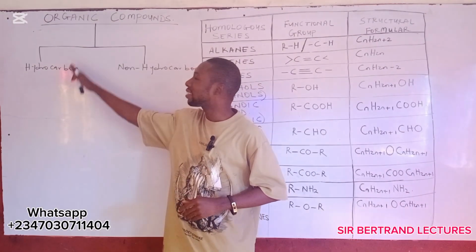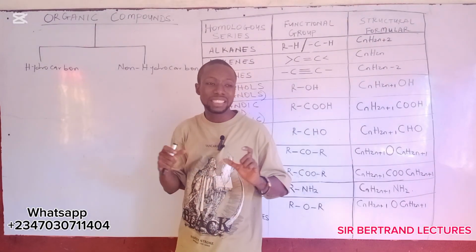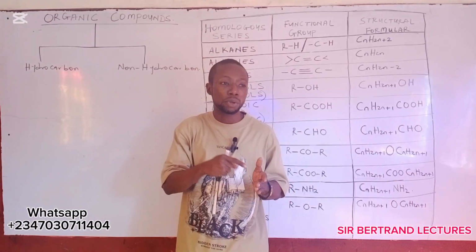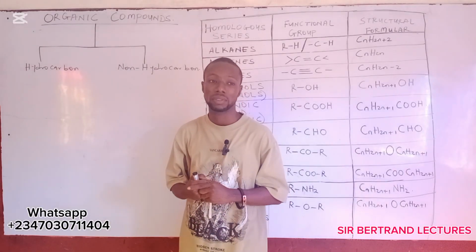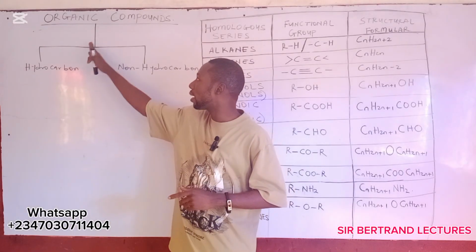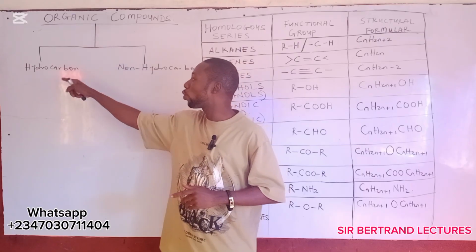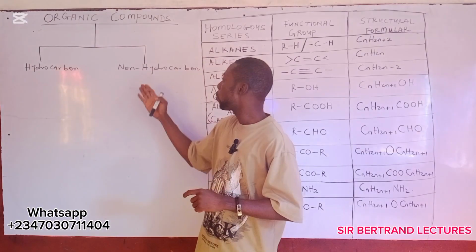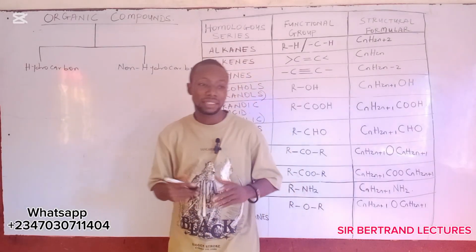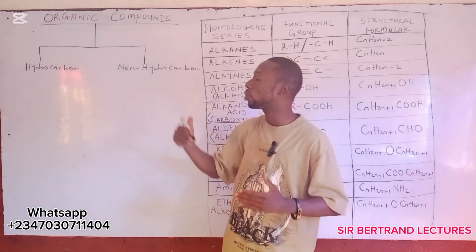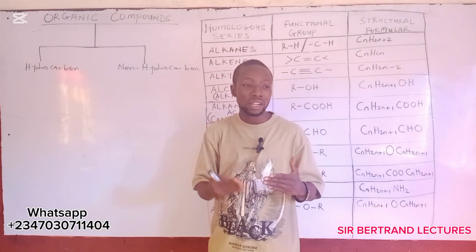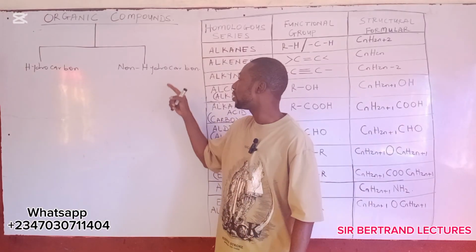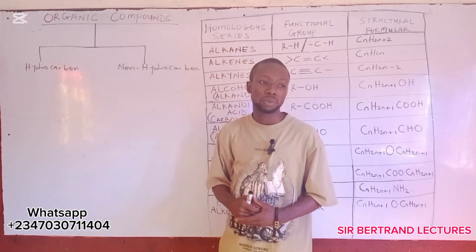Hydrocarbon is the class of organic compound that contains only carbon and hydrogen atoms. While the non-hydrocarbon is the class of organic compound that contains other constituents other than hydrogen and carbon atoms.